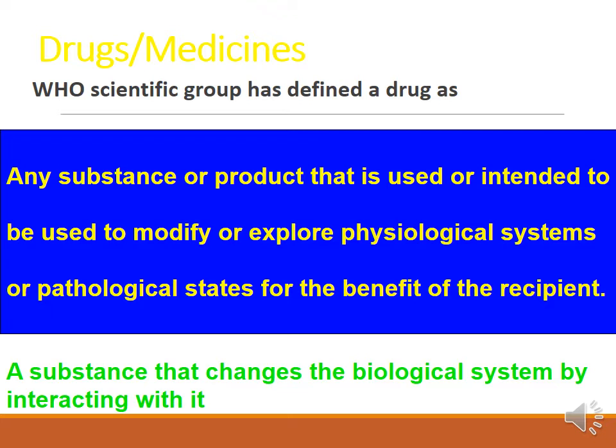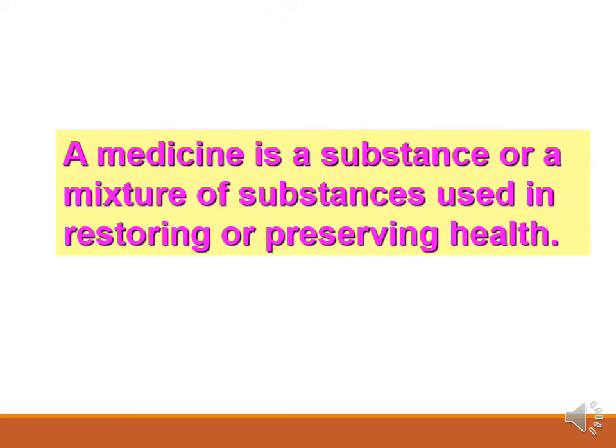So here we get the point that they are used not only for therapeutic uses but to explore and modify the physiological systems and to treat pathological conditions. Then medicines are substances that change the biological system by interacting with it. So, a medicine is a substance or a mixture of substances used in restoring or preserving health.